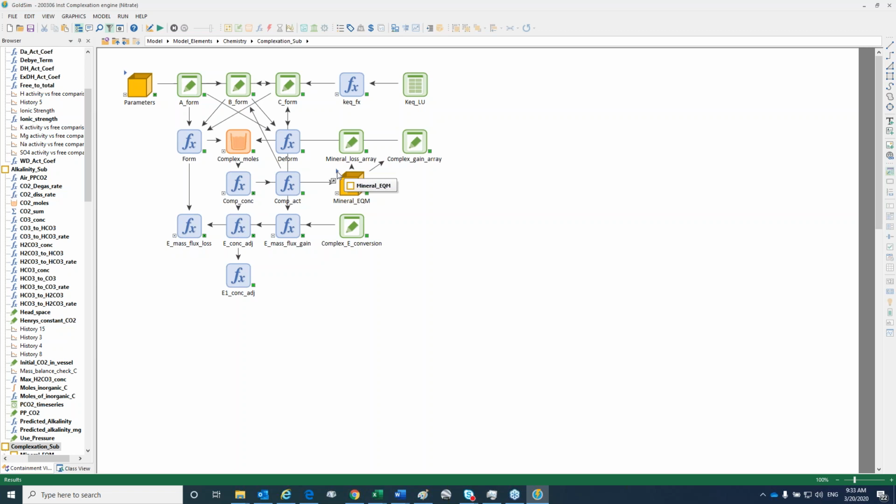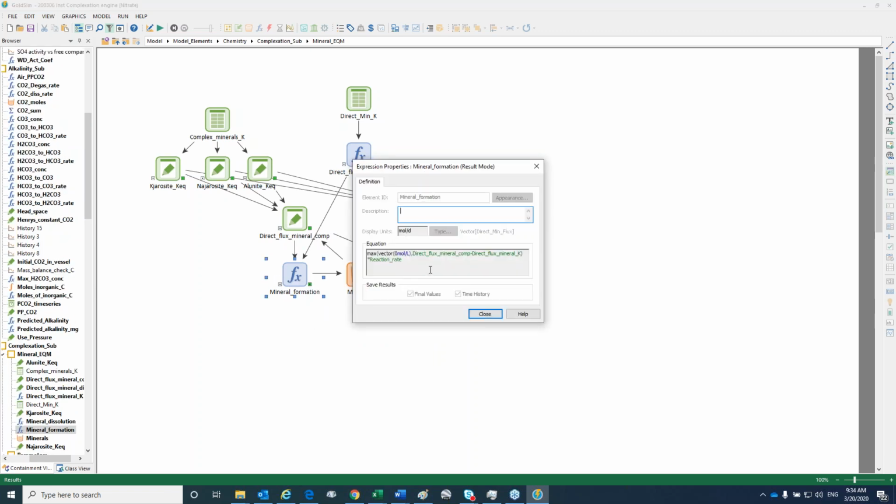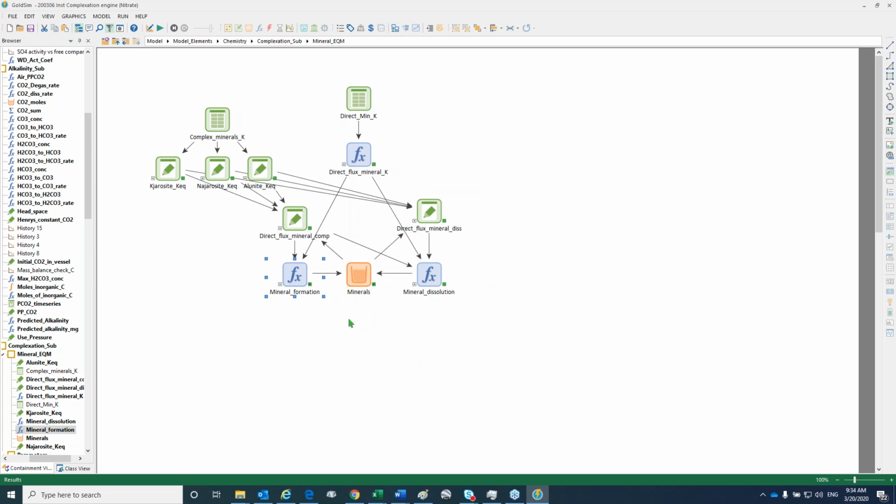But there's also a different possibility. The different possibility is when there's a direct precipitation, when a complex concentration exceeds the solubility limit. I'm going to just talk about that briefly. What happens with that is we've got a direct flux mineral K. So what we've calculated is the K for a specific species. Now this is otherwise termed a solubility constant. And basically all that happens there, as I mentioned before, is when the concentration exceeds the solubility limit, it's just multiplied by the reaction rate, and the model will extract from solution the amount that is in exceedance of the solubility limit.